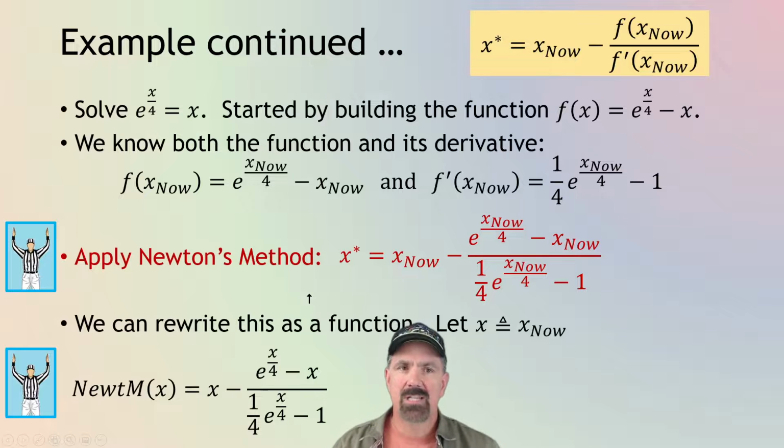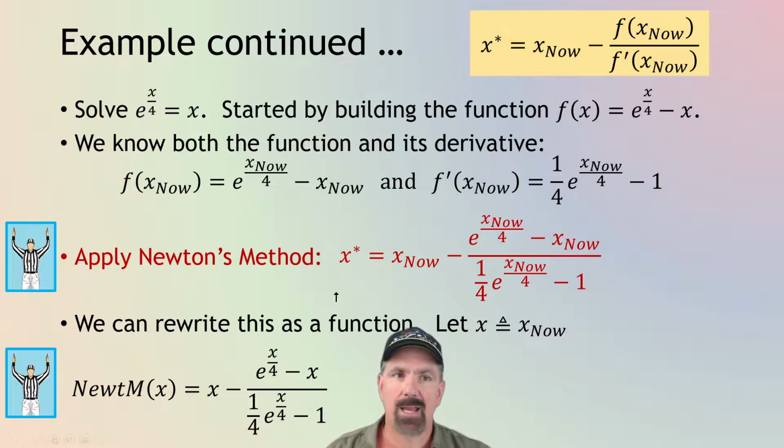So in order to do this calculation recursively, we're going to do it over and over and over again. What we're going to do is remove the x now nomenclature. We don't want to discuss it that way. We just want to call it x. That's just the value of the input. And we're going to define a function where we can put in an x value, and then the output of this function is going to be the input back into the function.